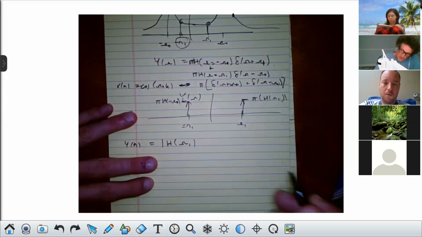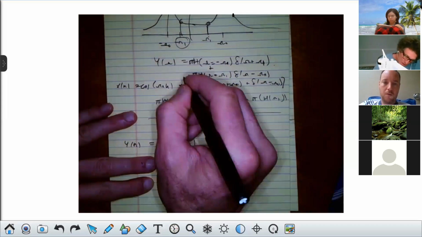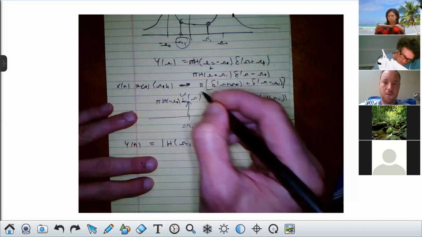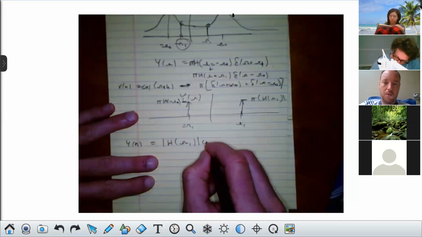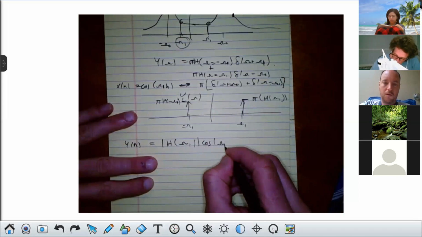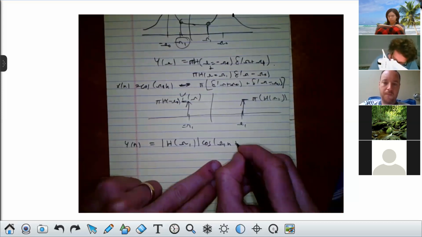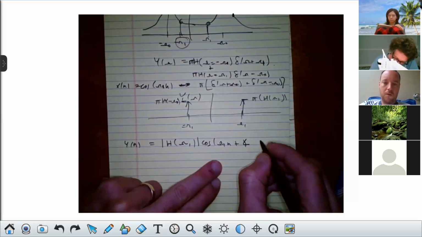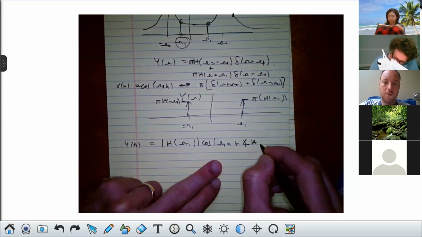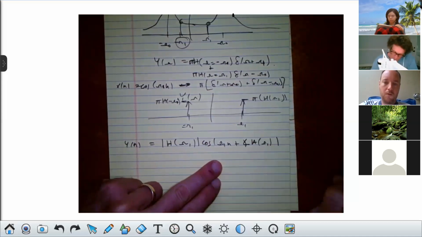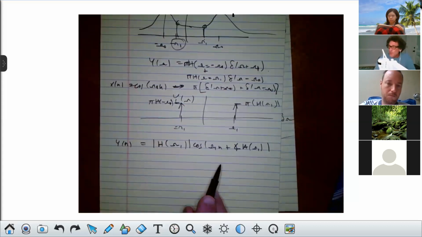That's the frequency of the cosine, times the cosine of omega 1 n, that's the original function, correct? And then you add the phase of H of omega 1.